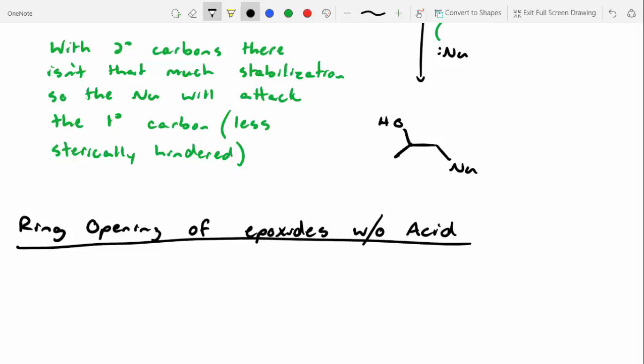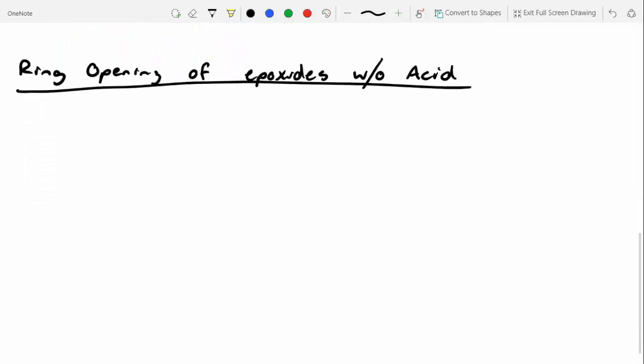We're familiar with the acid catalyzed ring opening. So let's take a look at this example, and I'm just going to make it super generic. We're going to add MCPBA. We're going to make our epoxide.